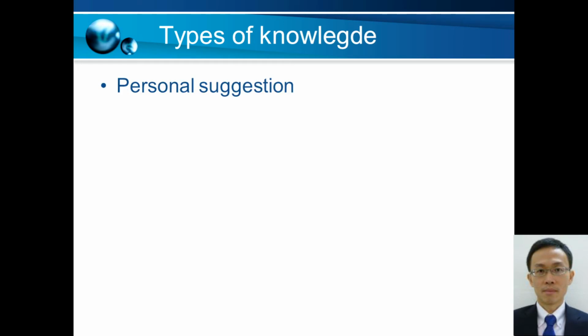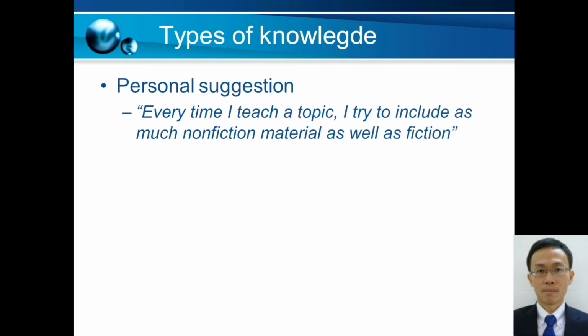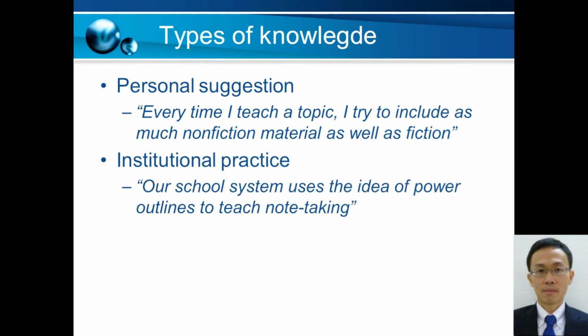Another type of knowledge that I found was people's personal suggestion. That means every time I teach a topic, I try to include as much non-fiction material as fiction. This is to suggest a possible idea, a possible solution to a problem. And finally, the last type of knowledge that I found was institutional practice. This knowledge tells us what type of practices, what type of policy an organization uses.